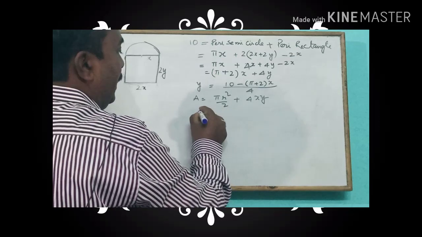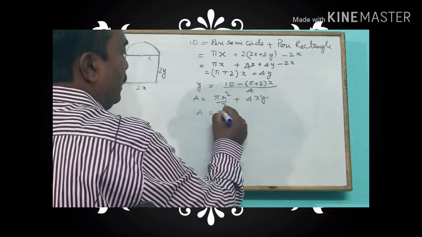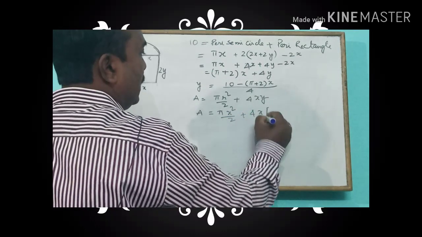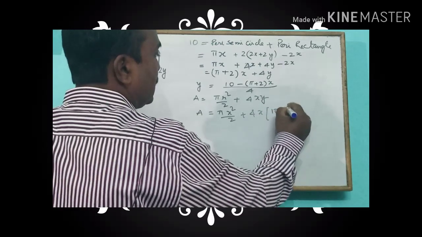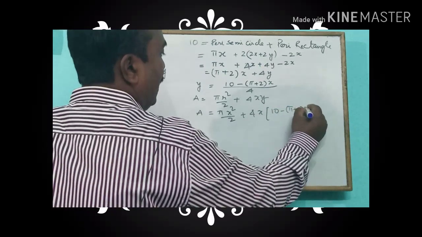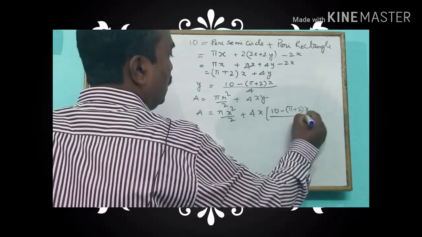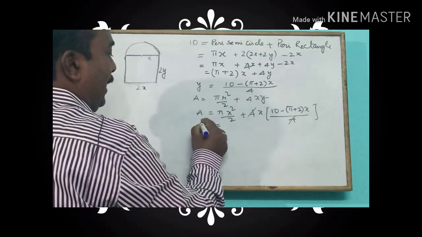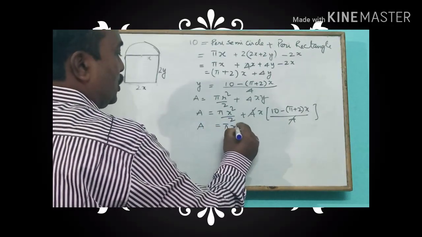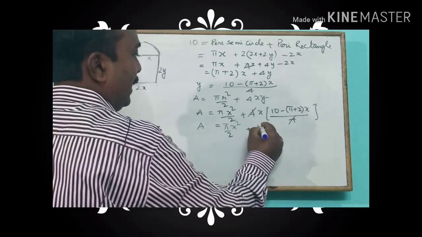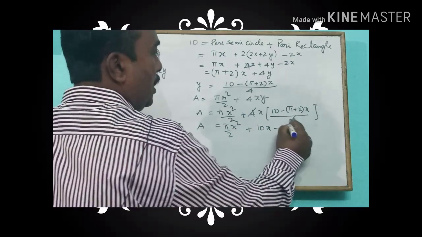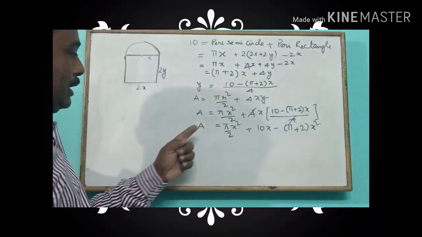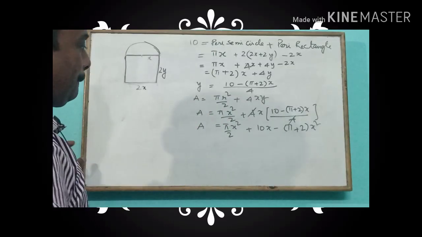So A is pi x square by 2 plus 4x, y is (10 minus (pi plus 2)x) divided by 4. So this 4 cancels. So A is pi x square by 2 plus 10x minus (pi plus 2) x square. I hope you are understanding. So this is the area.